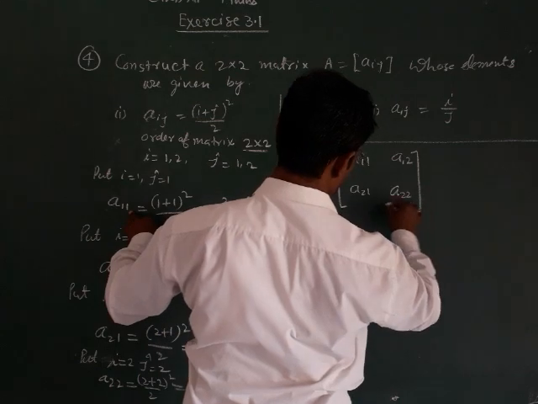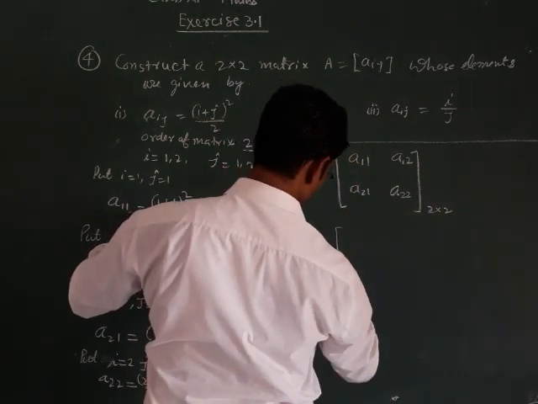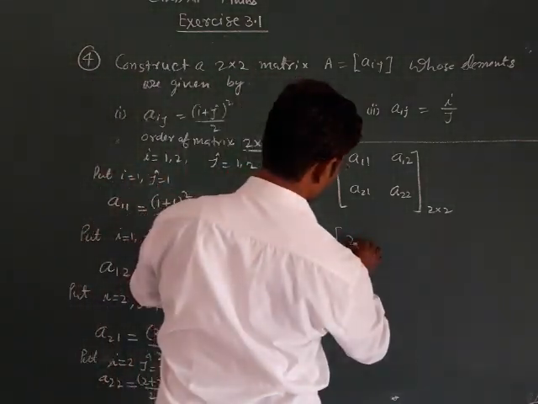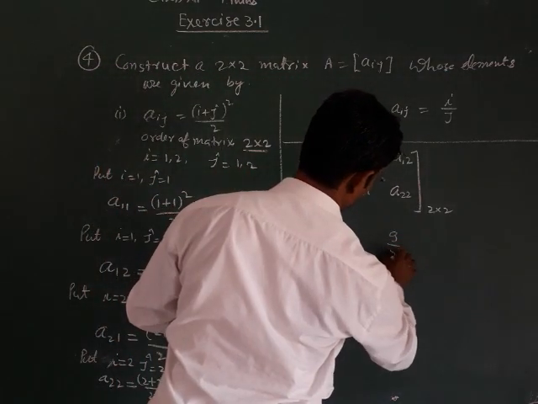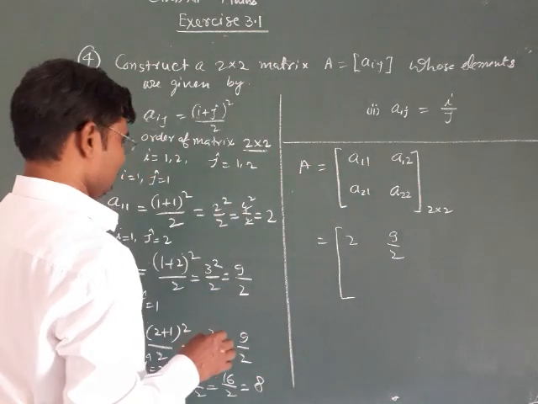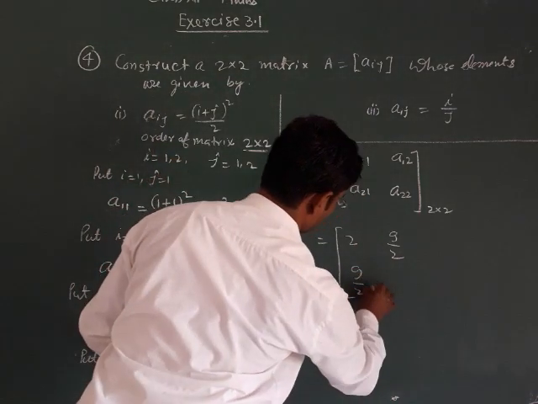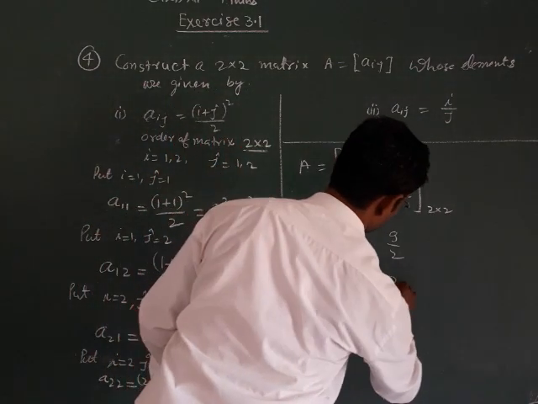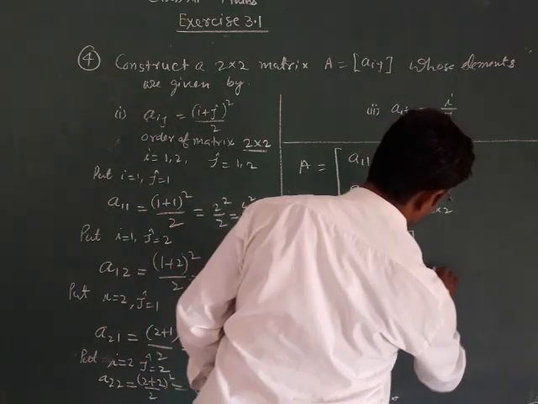This is a 2 into 2 matrix. Now these elements are put here: a11 is 2, a12 is 9 upon 2, a21 is 9 upon 2, and a22 means 8. This is matrix A. This is the answer.